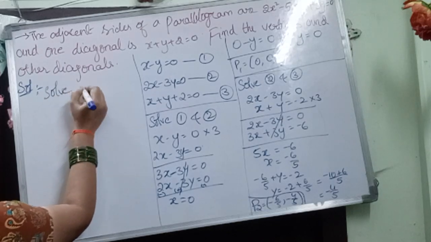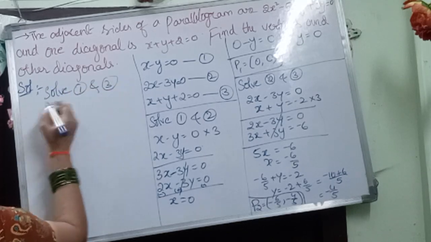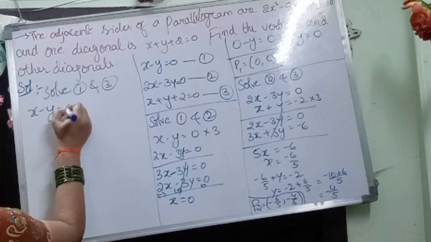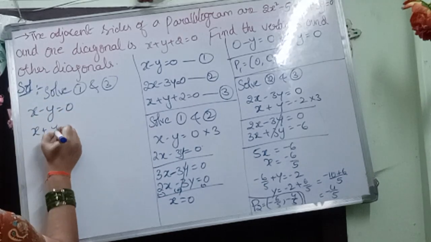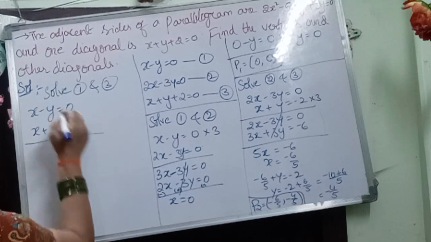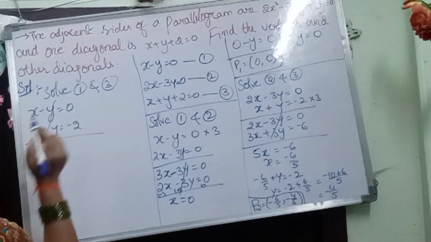Solve 1 and 3. x - y = 0 and x + y = -2. These are opposite terms, so they get cancelled.